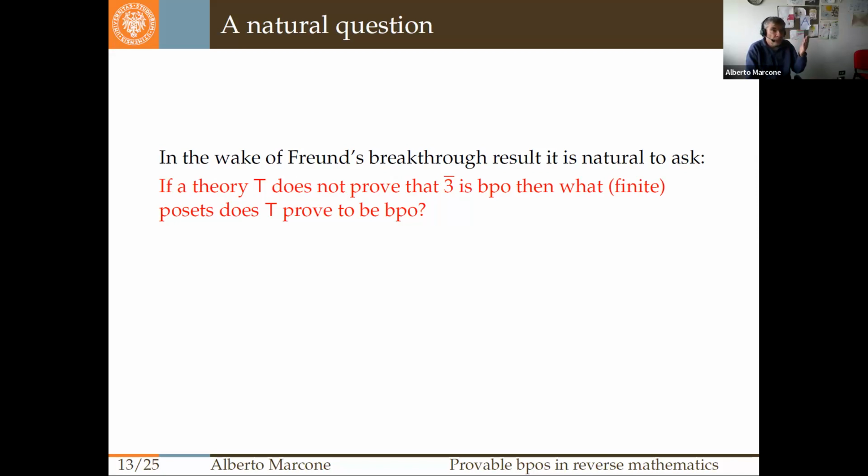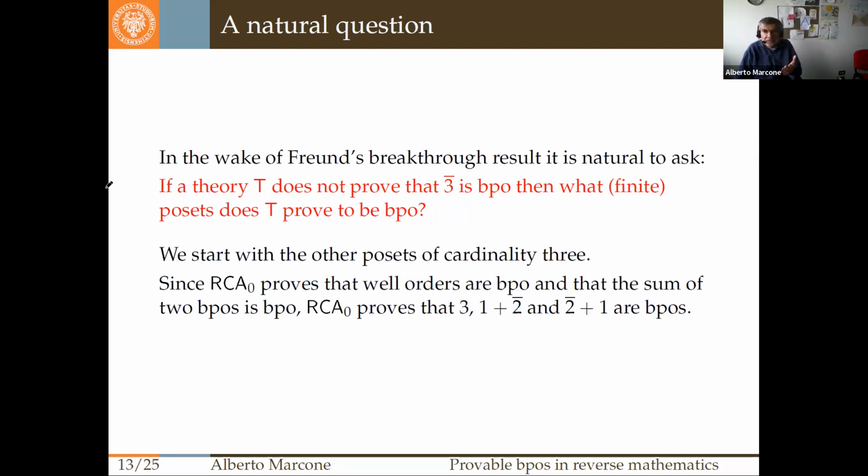So this is provable well orders in a theory, and here we are talking about provable better partial orders in a theory, and we can even restrict ourselves just to finite better partial orders, because this is a theory that does not prove that all finite partial orders are better partial orders. So this is the question we are asking.